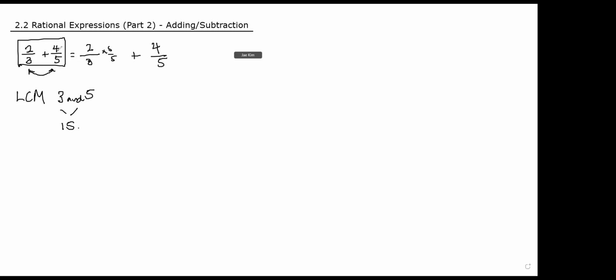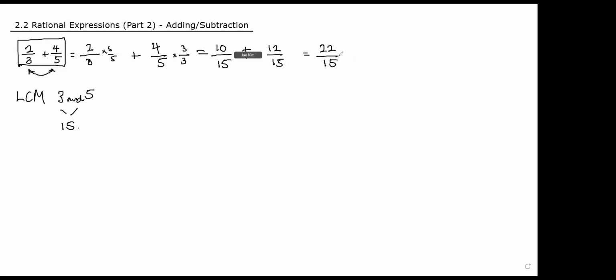If I want to turn 5 into 15, I'm multiplying the top and bottom by 3, so nothing changes, it's just 3/3. This becomes 2 times 5, 10/15, plus 12/15, and that equals 22 out of 15 pieces. I'll stop right there.